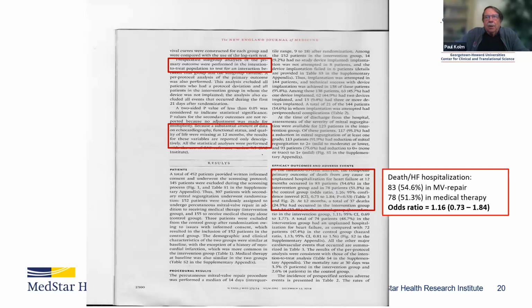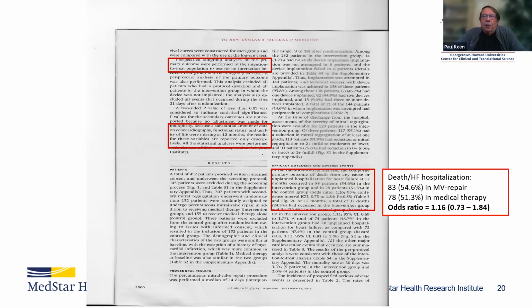But if you think about how they would have done this, they would have coded their outcome, death or hospitalization, as a 1, and no outcome as a 0. So if you look at this, you can see by the percentage here that the repair group is actually doing worse than the medical therapy group.